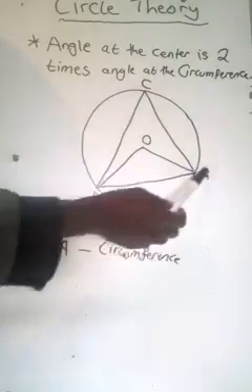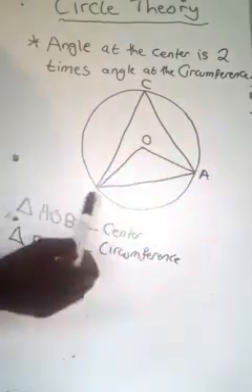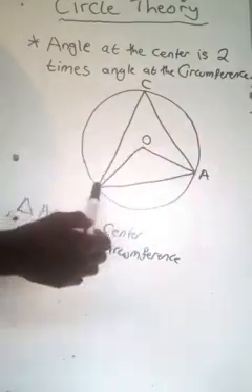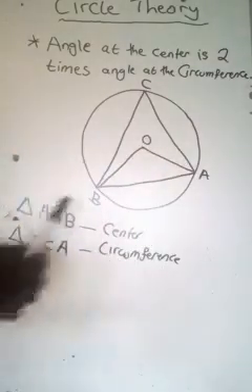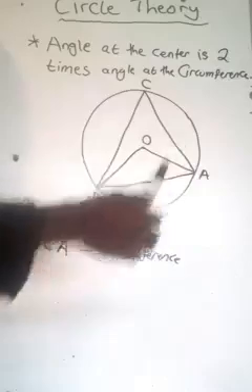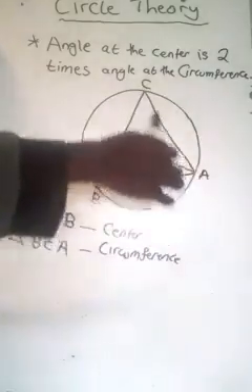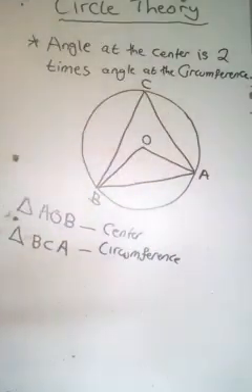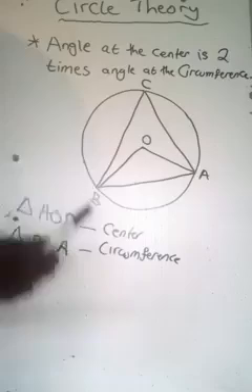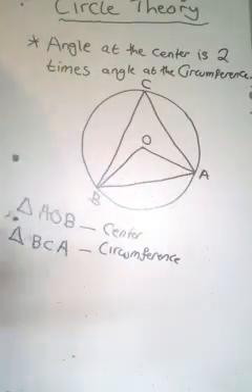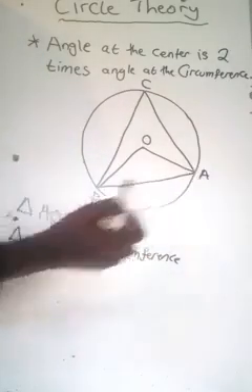Triangle AOB is a triangle formed when two radii meet at the center, so it's a triangle based on the center. Triangle BCA is a triangle which is almost touching the circumference. What is very important to note is that both triangle AOB and triangle BCA share the same chord, which is called AB.